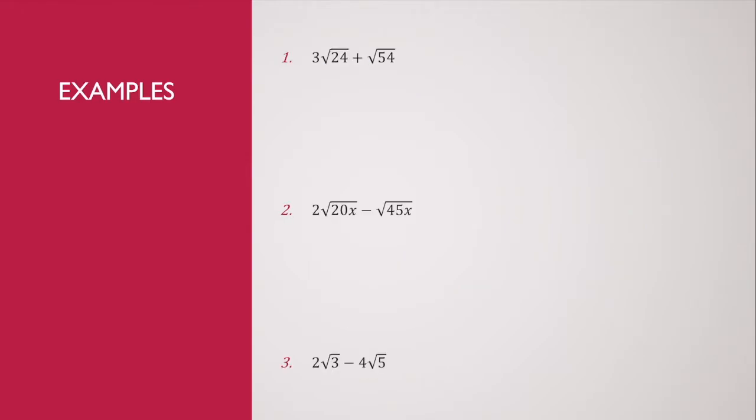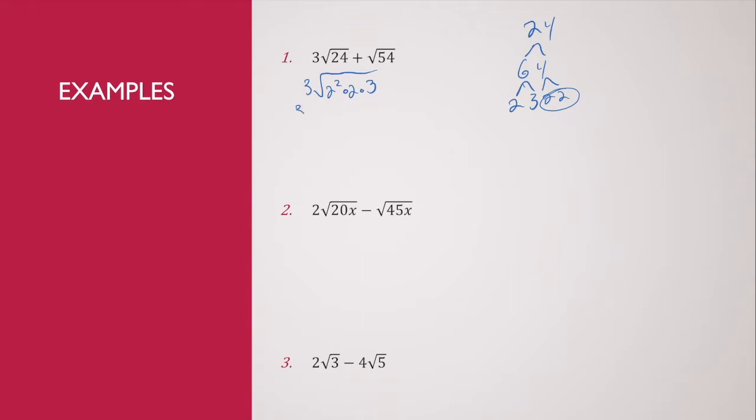If I have 3 square root of 24 plus the square root of 54, 24 factors into a 6 and a 4, and 6 is a 2 and a 3, so I have 2 squared times 2 times 3.